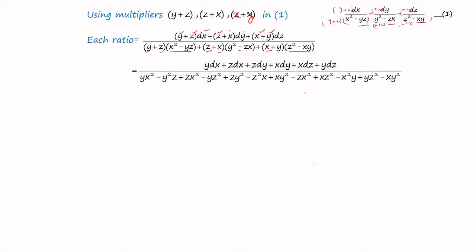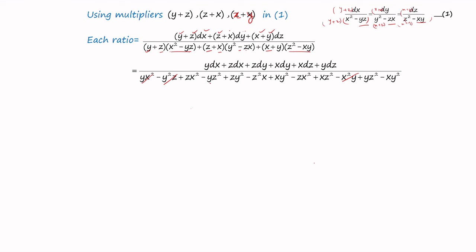After that you have to cancel all the terms. Y x squared, so where is y x squared? We have to search for y x squared. Here minus y x squared plus y x squared get cancelled.